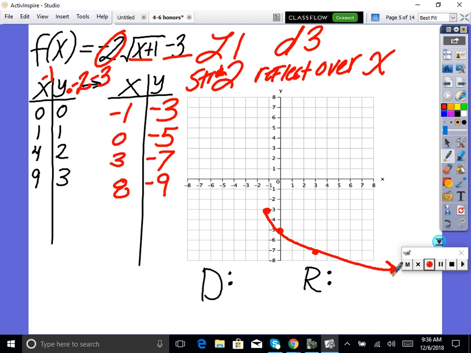So now our domain is, the shift was left 1, so it'll be -1 to infinity. Now our range is going to be a little different. Since it's reflected, it's going down to -infinity now. So -infinity up to -3, because it was down 3. Does everybody see? Okay, cool. All right.